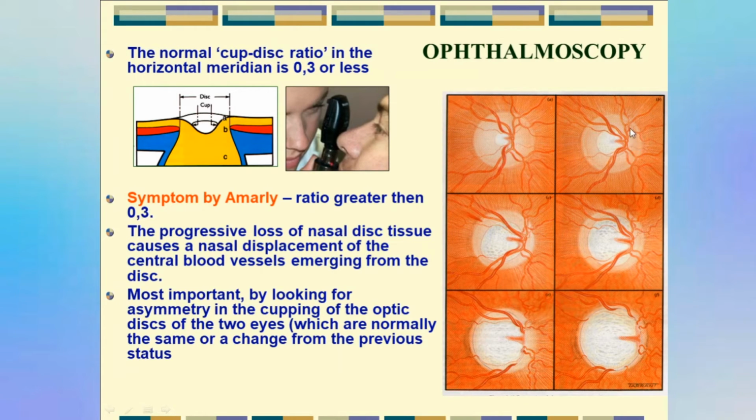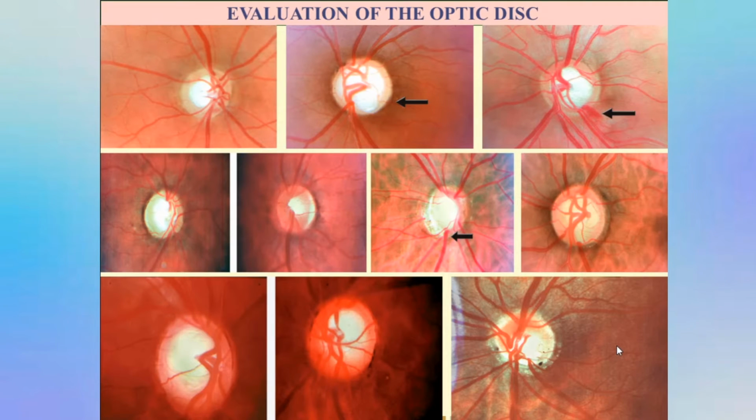Here you see that cup excavation increases, here more, here more and more, and here you see that even the nervous fibers just atrophy. Now on this picture you can see examples of cupping excavation of the optic disc in a patient with glaucoma.